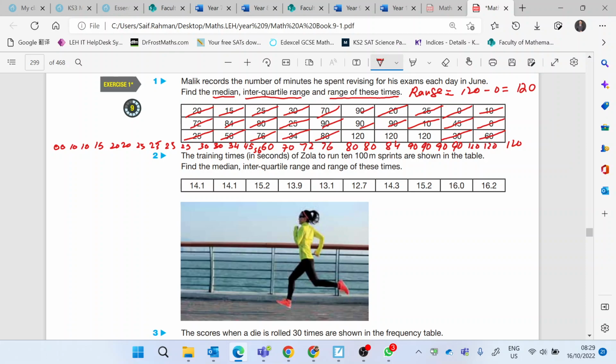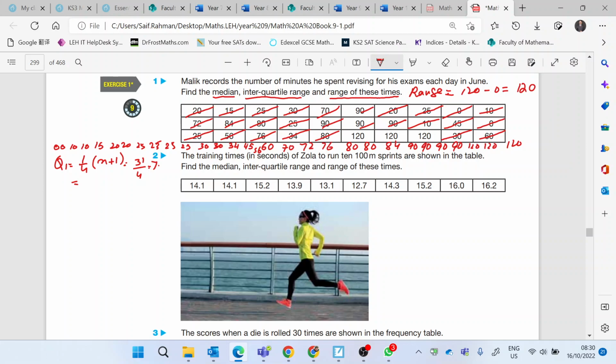For the interquartile range, the formula for Q1 is 1 over 4 times n plus 1. With n equal to 30 values, plus 1 is 31, divided by 4. 4 sevens are 28, 4 eights are 32, that's bigger.